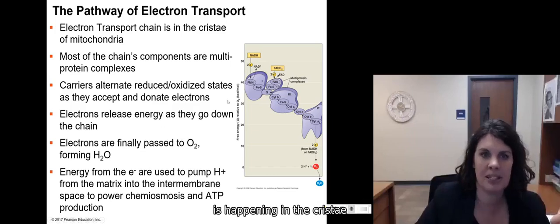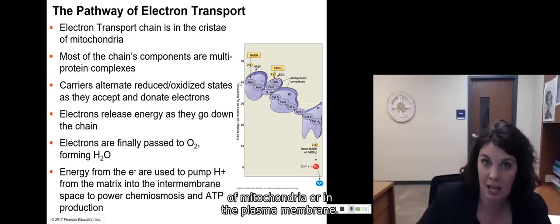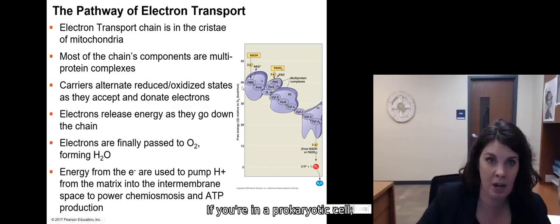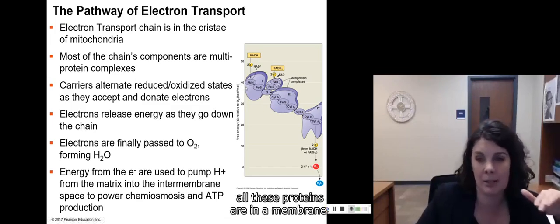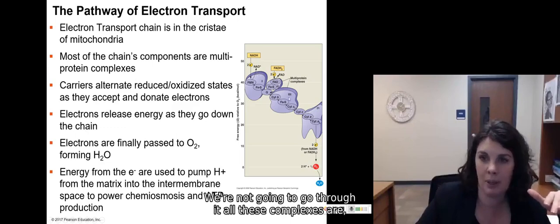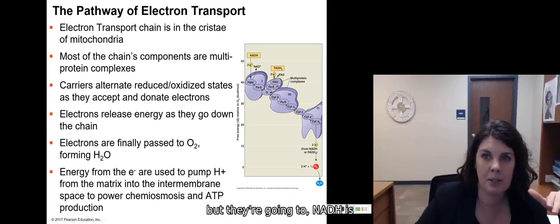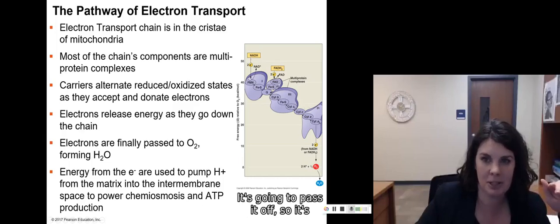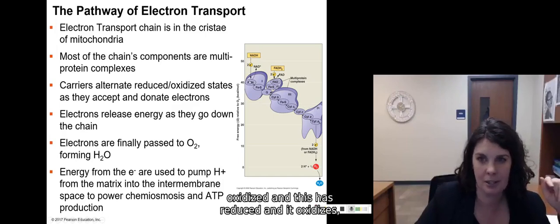So the electron transport chain is happening in the cristae of mitochondria, or in the plasma membrane if you're in a prokaryotic cell. This has to be in a membrane because all these proteins are in a membrane. And it's going through a whole bunch of complexes. We're not going to go through what all these complexes are. But NADH is going to pass off its electrons. So this is going to be reduced. It's going to pass it off, so it's oxidized.